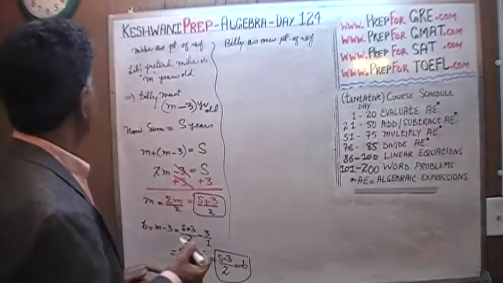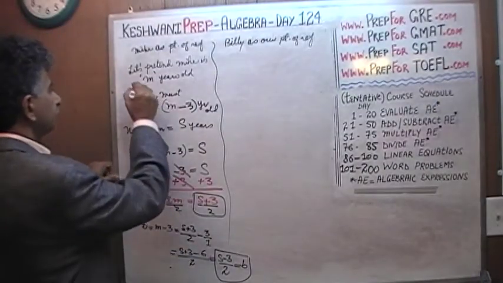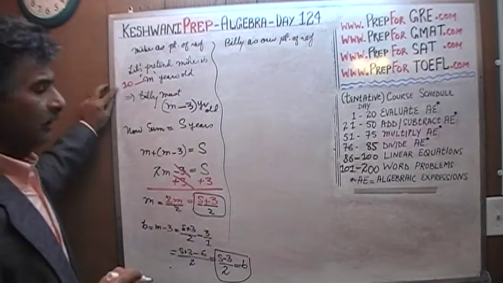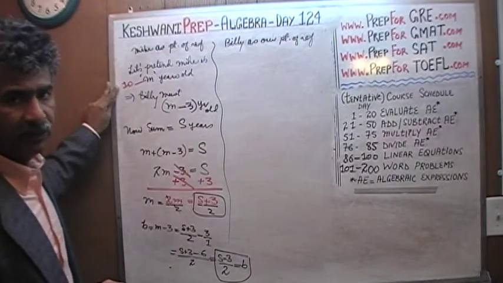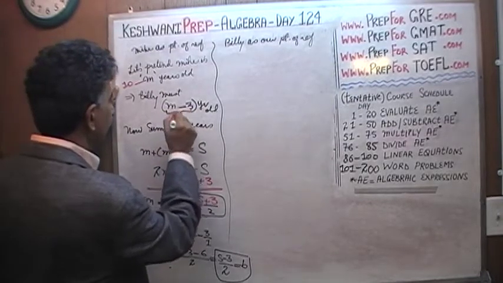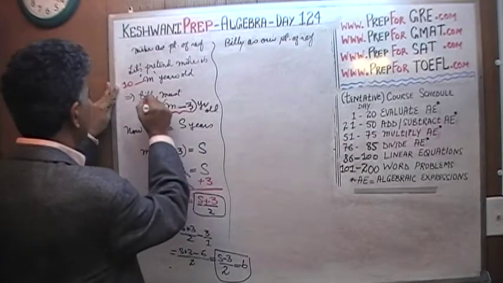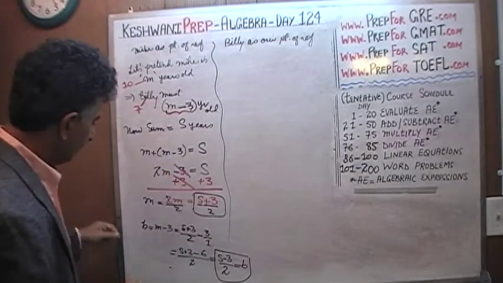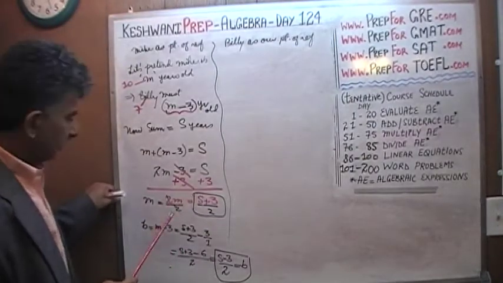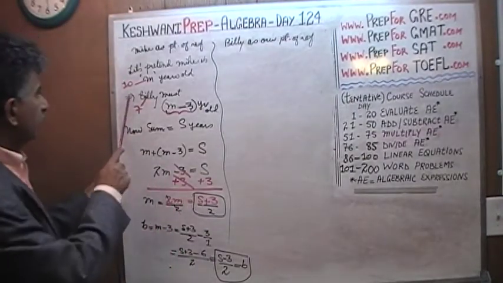Let's pretend that Michael is 10 years old. Well, if Michael is 10 years old and we are told that Mike is 3 years older than Billy, then Billy must be 7 years old. You see, 10 minus 3 is 7. Let's see what the answers give us here. I'm not going to actually do out all the work, just stay with me here.